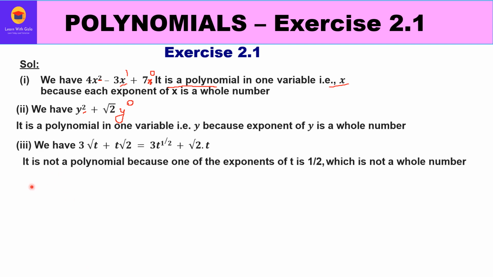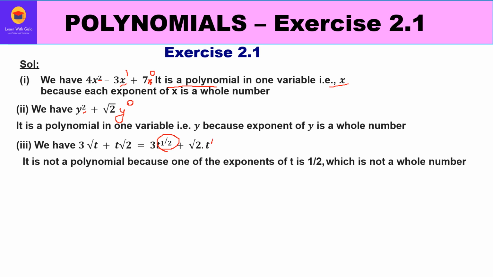Now let us take the third case, where we have 3 root t plus t root 2. So now this root t is in radical form. If we write it in exponential form, we will write t raised to power half, right? Now over here half is a fraction, it is not a whole number. Over here t raised to power 1 is there.